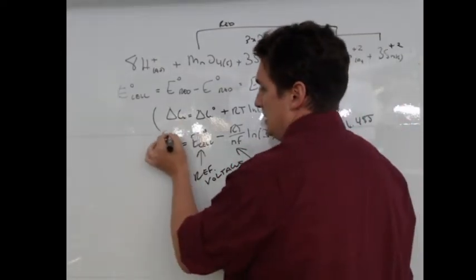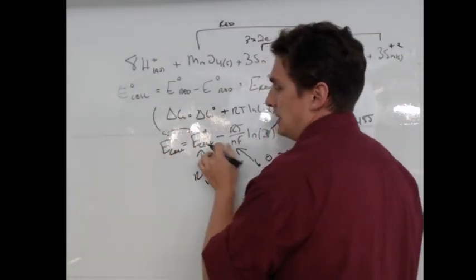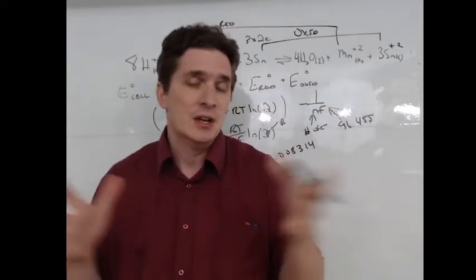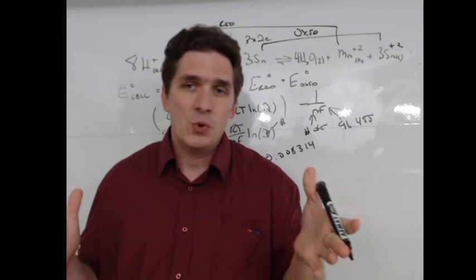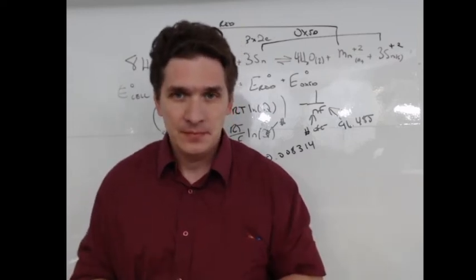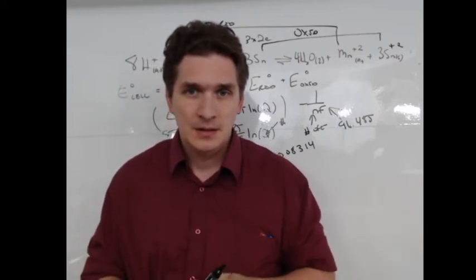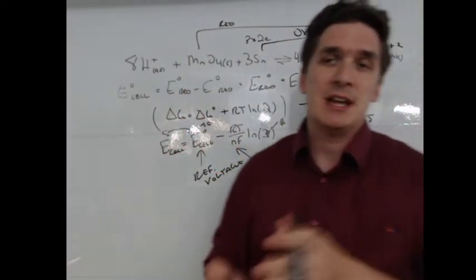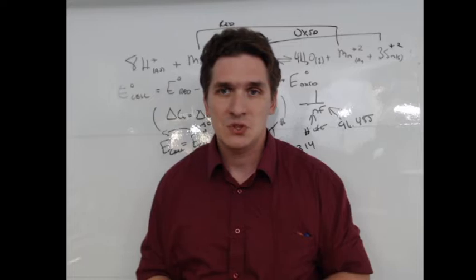Your E cell and your reference voltage should be close to one another. So typically we don't see shifts away from more than a half a volt. It's N times F, number of electrons times Faraday's constant, so it's in the denominator.